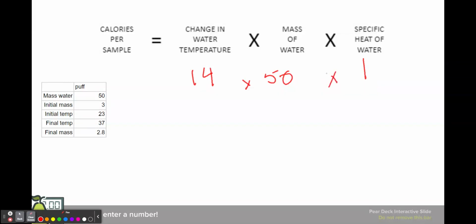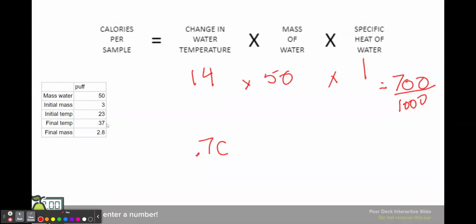So when you multiply 14 times 50, you get 700. So that's 700 small c calories. And to find kilocalories, I'm going to divide that by 1,000. So my kilocalories is 0.7 big C. So I have to also find how many grams burnt, because I want to find my calories per gram.